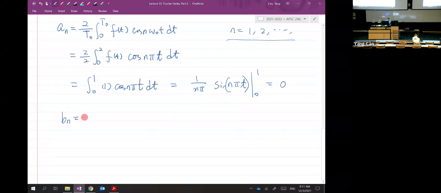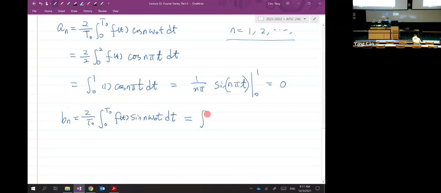That's good. So now let's calculate Bn. This is the formula for Bn. Same treatment, plugging in the T naught and plugging in the omega naught.